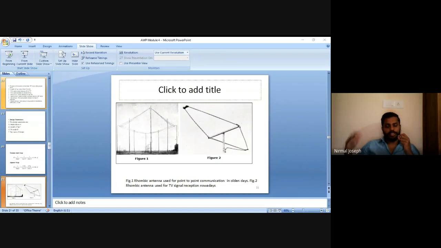But in modern days, what happened? For TV signals we are using high frequency signals. In order to receive a high frequency signal, which means a smaller wavelength, 2 lambda is much smaller compared to olden days. So that is the difference. You can see how these antennas are evolving over time.